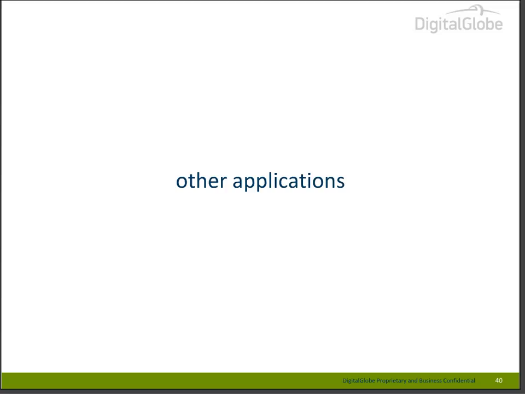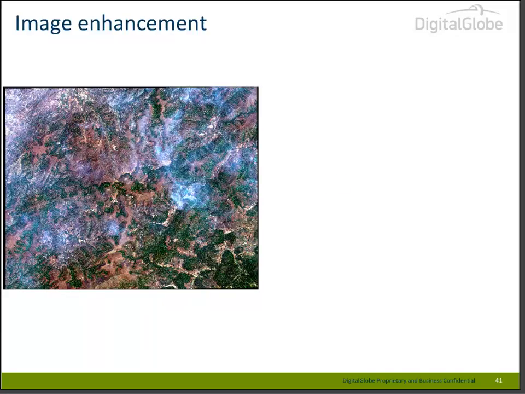Since we have a few more minutes, I would like to show you some other applications that Surface Reflectance can bring to the table. The first one is image enhancement. Let's say that we have this image that was acquired by QuickBird a few years ago. As you can see, there is a very variable, very non-uniform haze through the image, and the image doesn't really look appealing.